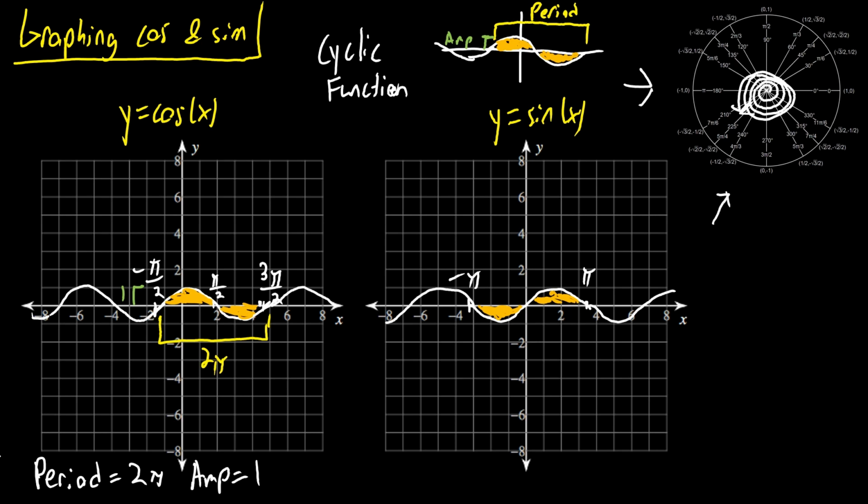So what is our period? Our period is negative pi to pi, which is just 2 pi. And our amplitude is just the max height, the height of your crest. So imagine a big wave in the ocean. If this is your big wave, this is your amplitude.